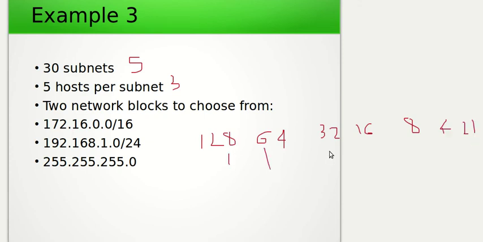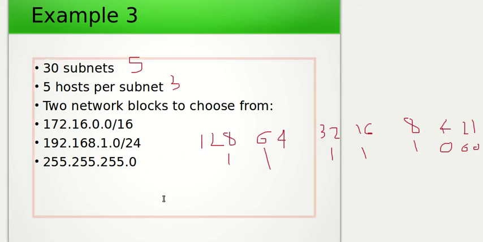In decimal, this is 128 plus 64 is 192, plus 32 is 224, plus 16 is 240, plus 8 is 248. So our subnet mask is going to be 255.255.255.248, which is a /29.